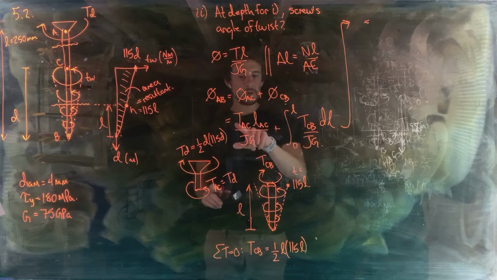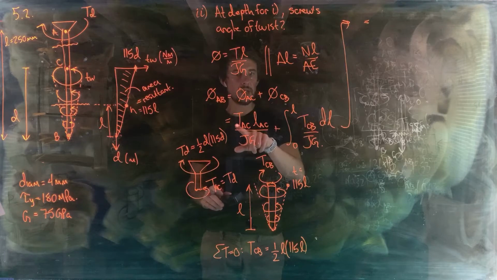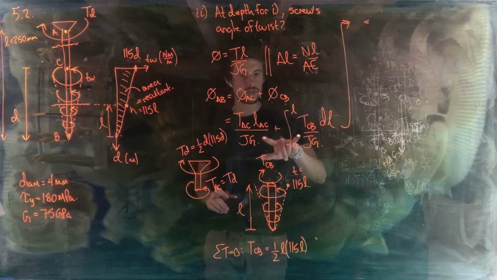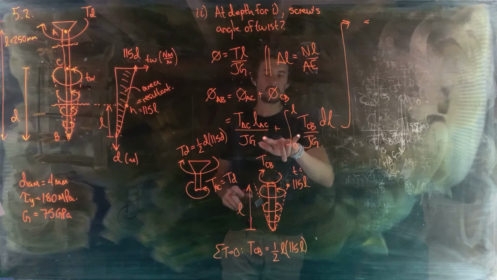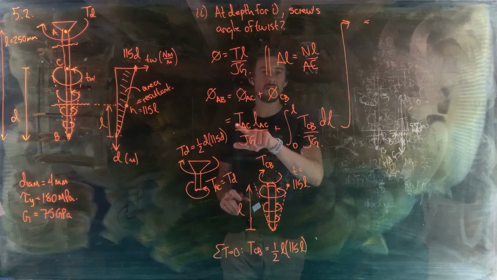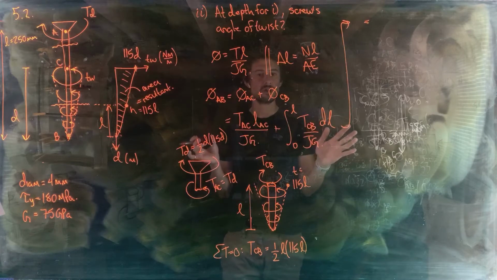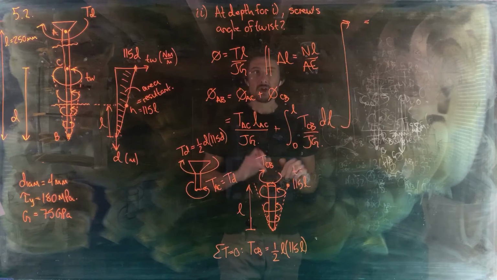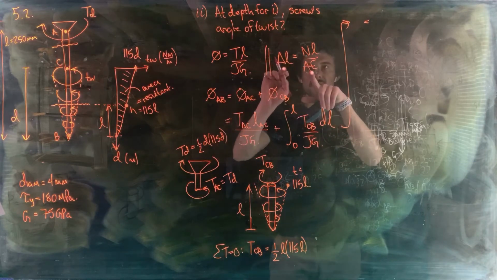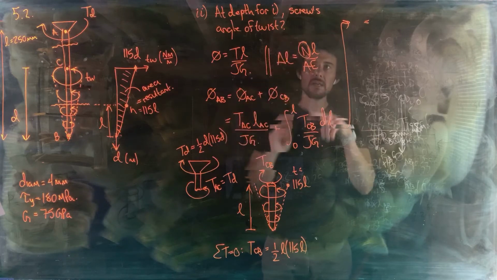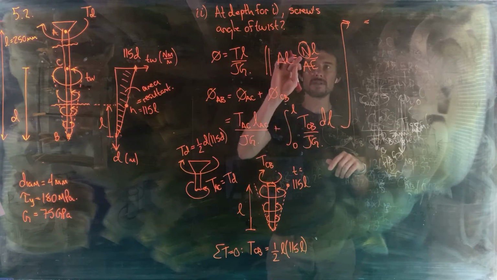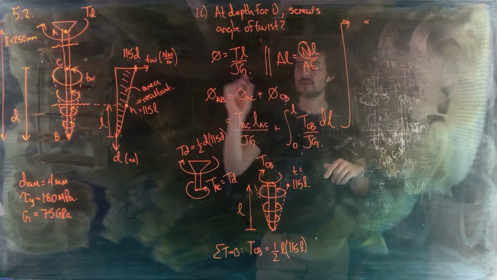Now, when we put an internal torque into an angle of twist equation and we're using superposition, we need to pay attention to the sign of the internal torque so we know whether to appropriately add or subtract terms. So for axial deformation, we did that by saying that any internal normal force that's compressive, we're going to assign a negative sign.